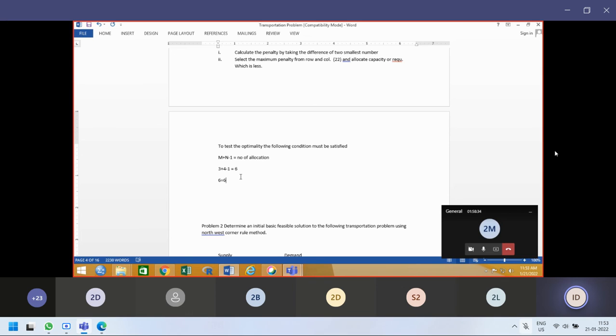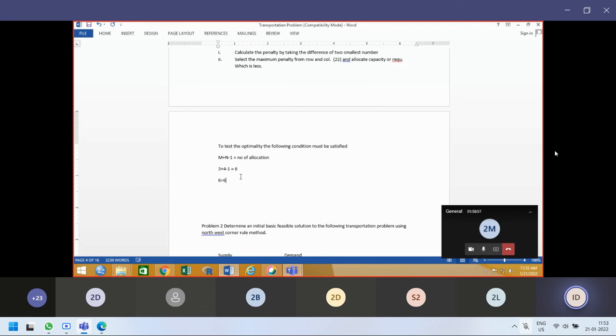So in MCQ question papers, to test the optimality, they may give m plus n minus 1 and the number of allocations, or otherwise directly give different values we have to match. If it does not match the number of allocations, it means there is more scope to improve the solution. The best of best solution we can find.